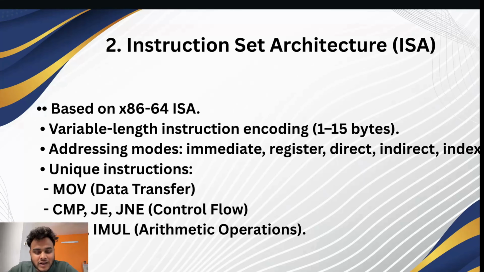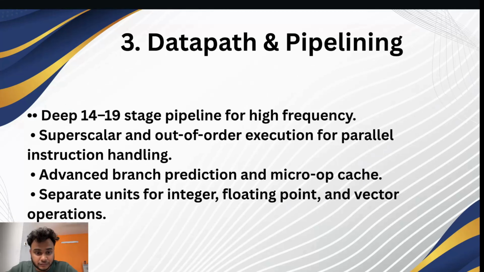It supports multiple addressing modes such as immediate, register, direct, indirect, and indexed addressing, giving programmers flexibility in memory access. Some common instructions include MOV for data transfer, CMP for comparison, and conditional jumps like JE and JNE for control flow. Arithmetic instructions like MUL and IMUL are used for multiplication operations. Let's move to our third slide.